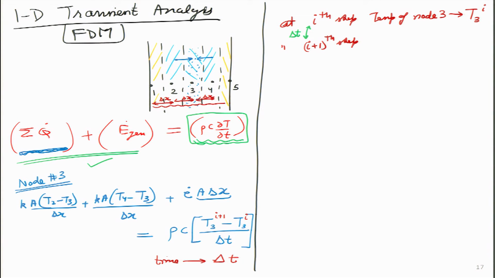So, we are adding delta t time steps just like we add the delta x distance steps. So, temperature of node 3 after one more time step it becomes I plus 1.